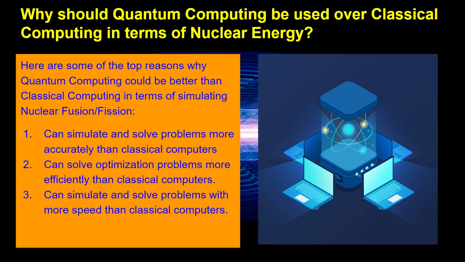Here are some of the top reasons. It can simulate and solve problems more accurately than classical computers. It can also solve optimization problems more efficiently, and solve problems with more speed than classical computers.